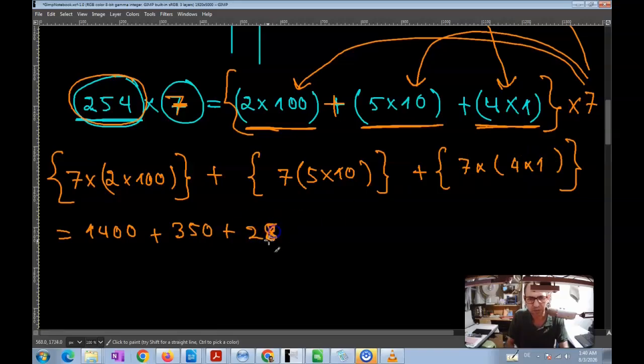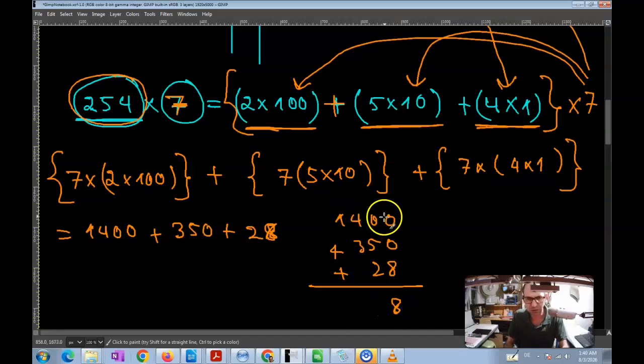Now you can add these numbers together, meaning you have 1400, 350, and 28. So you can add all of these together. You get an 8. You get 5 plus 2 is equal to 7. And you get 4 plus 3 is equal to 7 and a 1. So the number is going to be 1778.